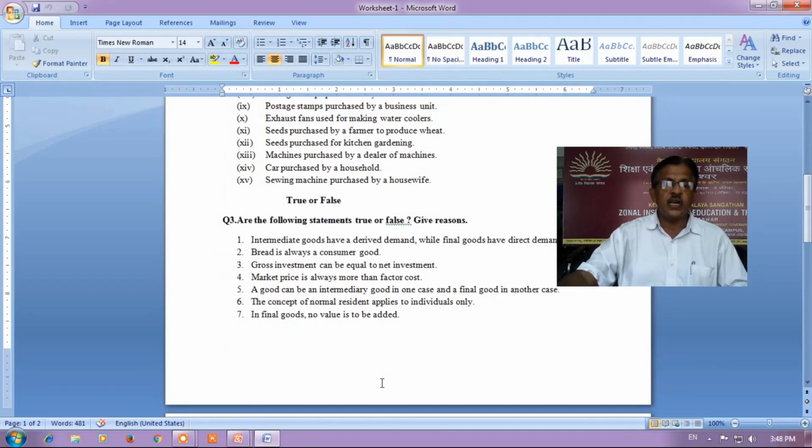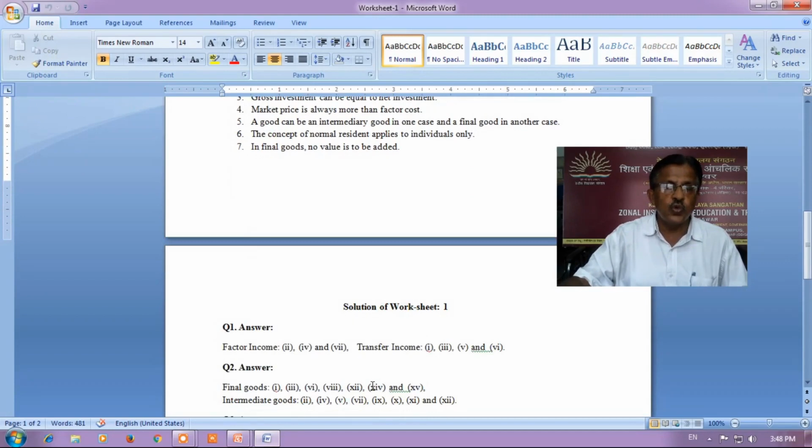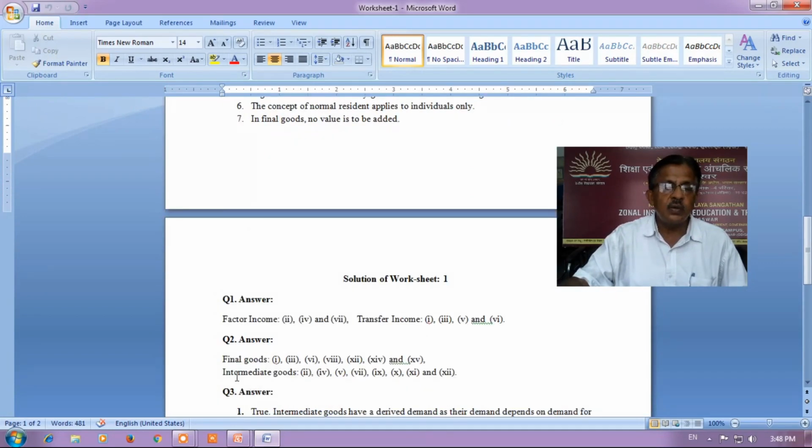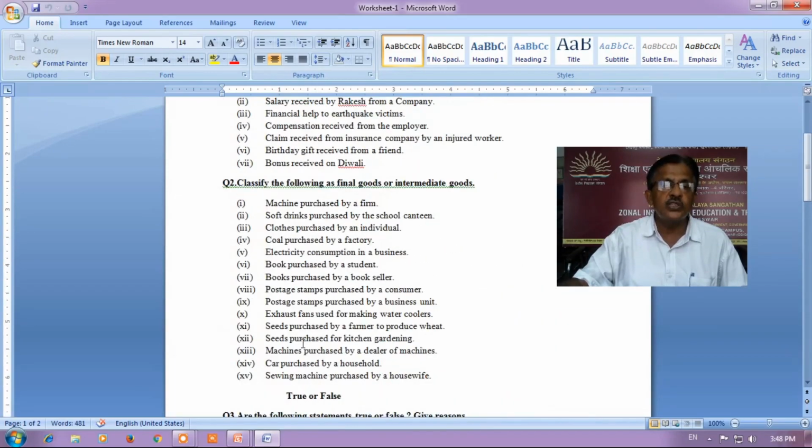So let us start with question number 2, that is final goods: 1, 3, 6 and 8. 1 is machine purchased by a farm, so that is a final good. 3, clothes purchased by an individual, that is a final good.